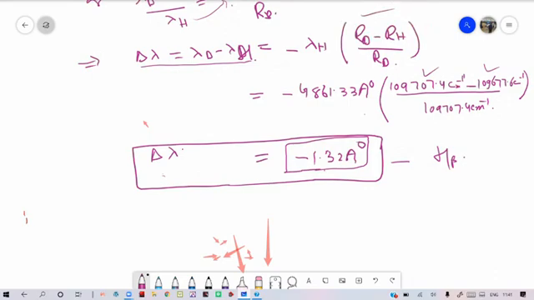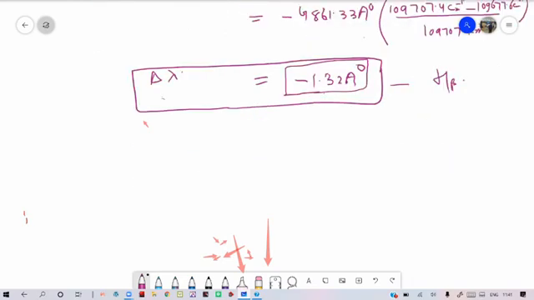So this is the simplest case, the hydrogen atom, but it is not always easy, like for rare earths and heavier atoms.